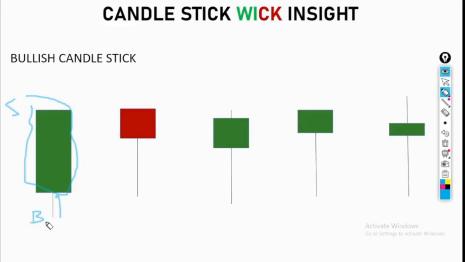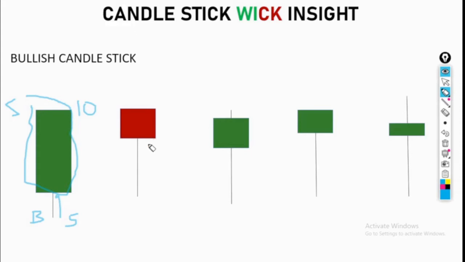So the buyers came into the market and they pushed the price upward. Let's assume the base price is still $5 and the top price is $10. So they were able to successfully push the price up from $5 to $10. So when you see a big green candlestick like this, you know that the buyers are the major players in this market.